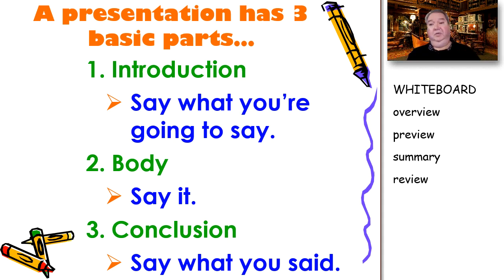So it's important to have this repetition. That way, if somebody misses something, if they fall asleep or they get distracted by something, hopefully with this repetition, they can still hear it at some point during your presentation.